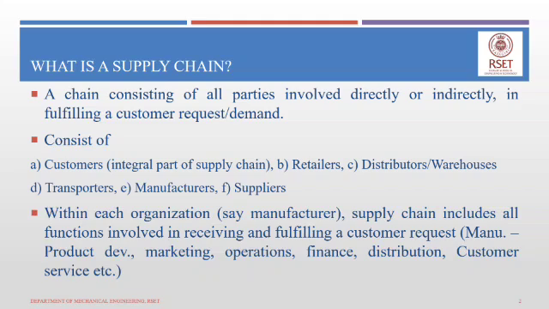So he is always an essential and integral part of the supply chain, because any supply chain is basically aimed at fulfilling a consumer demand or a request. So consumers or customers are a very integral part of the supply chain. That is basically the end of the supply chain. The supply chain generally, in most cases, ends with customers. So it always consists of customers.